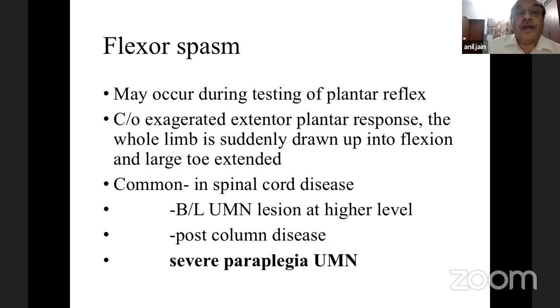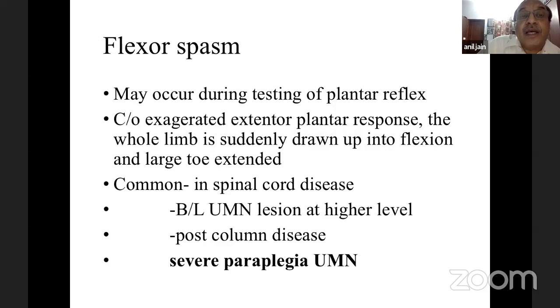Later on, if the compression is long-standing, or there is posterior column disease, or a severe paraplegia of upper motor neuron type, then when we examine the patient, you suddenly notice that the patient has flexed both the lower limbs. You are testing the plantar reflex and suddenly the patient has withdrawn the limb, or sometimes it becomes so severe that you have touched the couch of the patient and the patient has flexed both lower limbs. This is what is called flexor spasm. It occurs because of an exaggerated extensor plantar response. The whole limb is suddenly drawn into flexion.